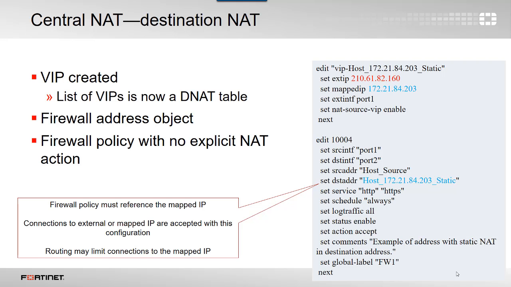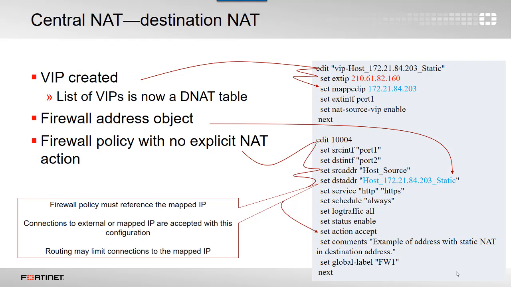Here we see the VIP created and a firewall address object, which refers to the mapped IP. Then we see the firewall policy with no explicit NAT action.